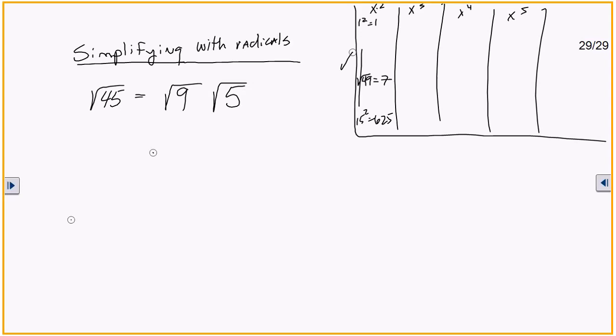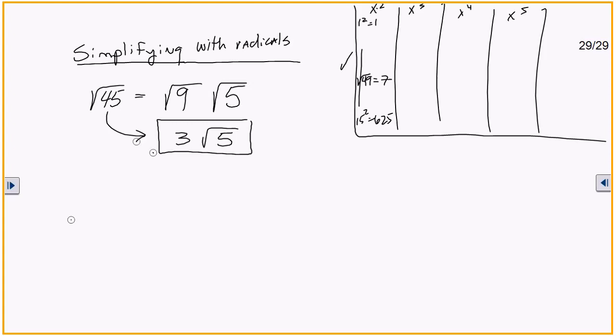That's why the index card is so important, because I can ask you to break up a perfect cube also. We'll do that in just a minute. But what is the square root of 9? 3. And the square root of 5. And I just simplified this into a simplified term with radicals.